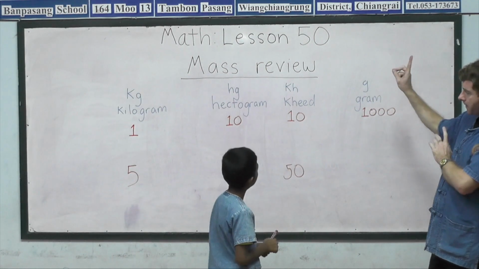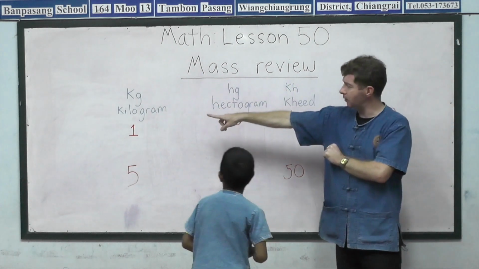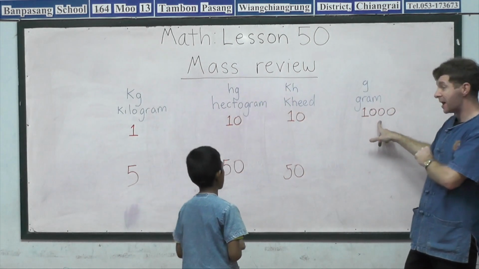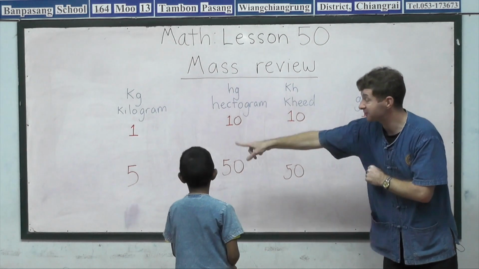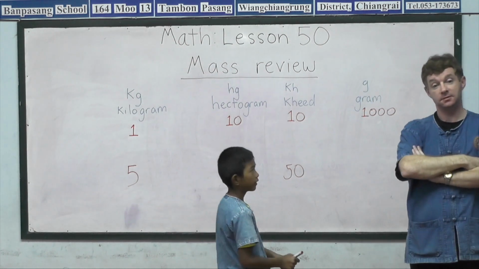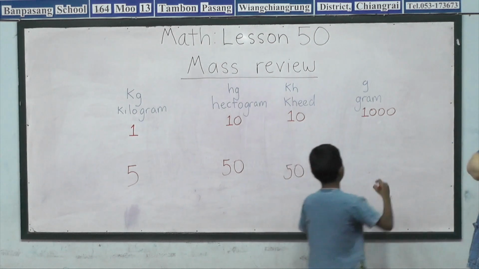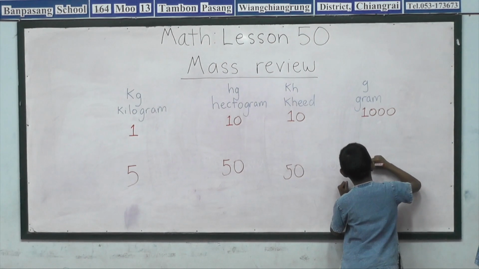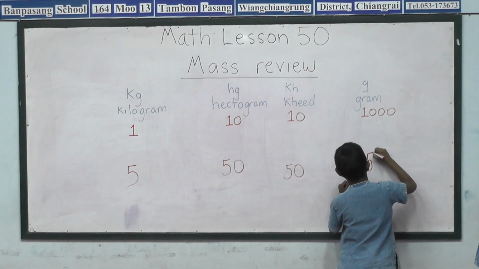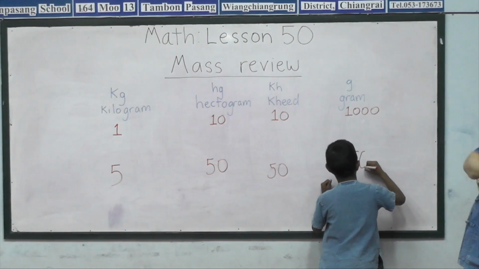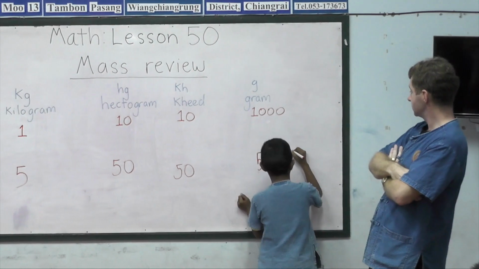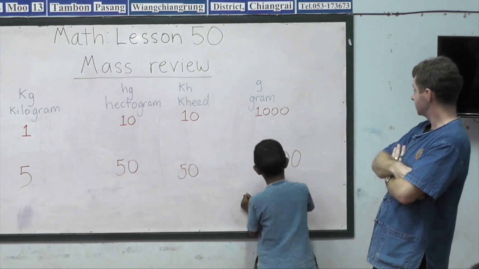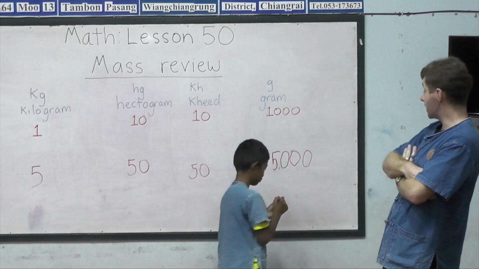Pat, if 1 kilogram is 1,000 grams, how many grams is 5 kilograms? 5,000. Okay, can you write 5, 0, 0, 0, and we can use the comma for thousands.